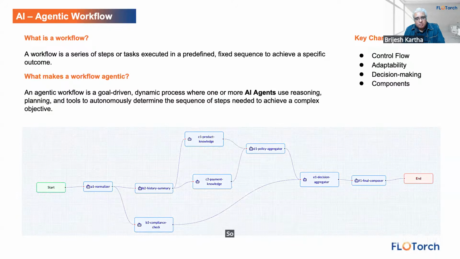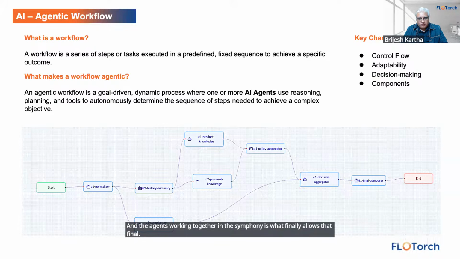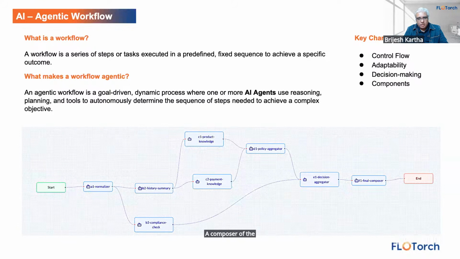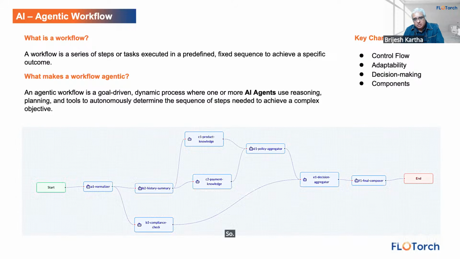Essentially, he's taken almost every single action in a workflow and put it into individual agents. The agents working together in a symphony is what finally allows that final composer of the output to put things together and decide based on the product, payment, policy, etc. They decide on whether something is going to be purchased or not. So this activity is what you would call an agentic workflow.